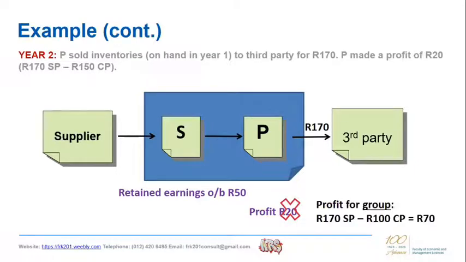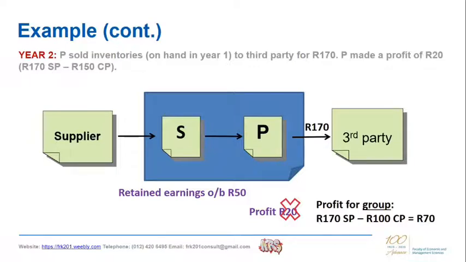The profit that the group made on this transaction is the 170 Rand selling price to a third party compared to the 100 Rand cost price paid to the third party supplier. So the profit that can now realize for group statement purposes is 70 Rand.